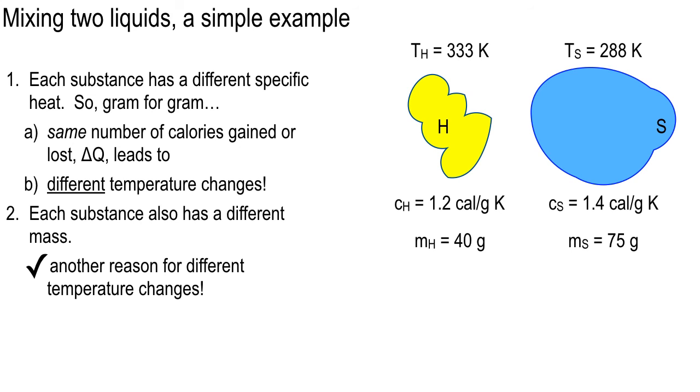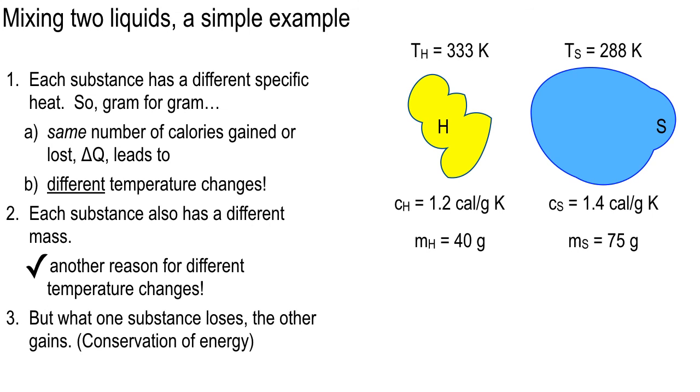Now, here's the concept that is going to bring it all together that we're going to use to figure out equilibrium. If they're at different temperatures, the hot substance will lose energy and the cool substance will gain it. We're assuming in this particular example that we're in an insulated styrofoam container, so we're not losing energy to the outside world.